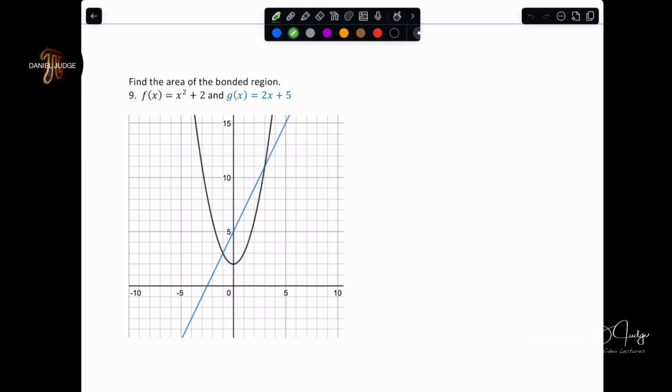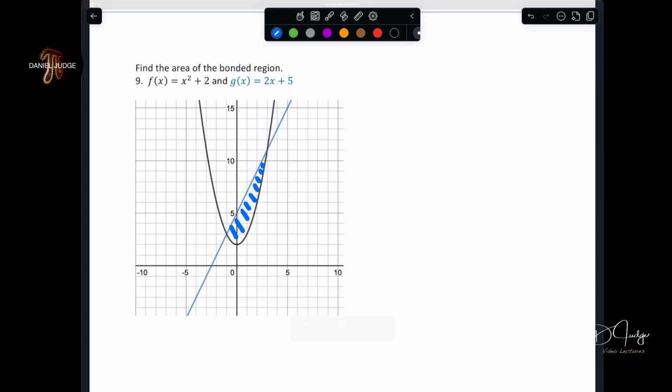Okay, so area between these two curves, there's a bounded region here, and that just means there's boundaries. So if we look at the details here, this is the bounded region they're referring to. All right, let's double check that that's there. Okay.